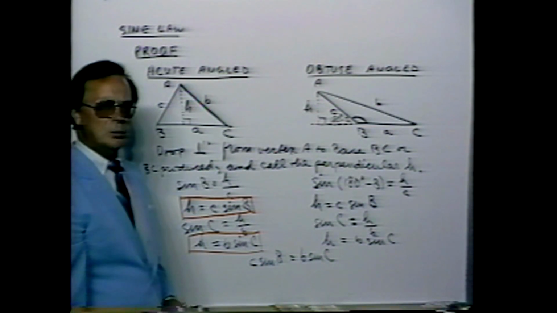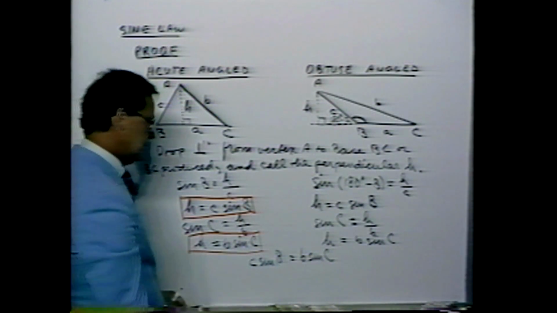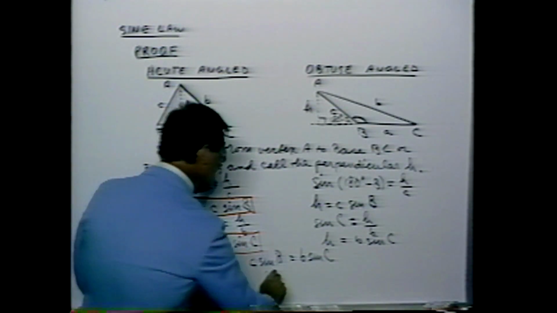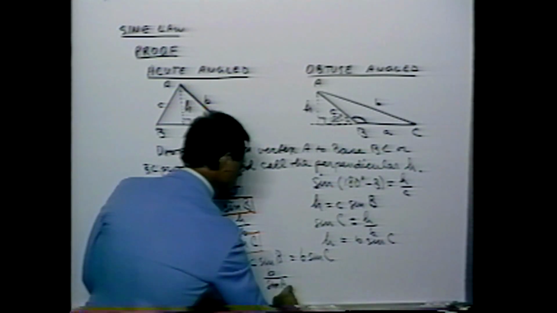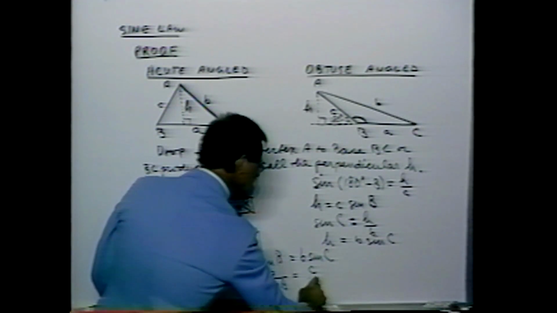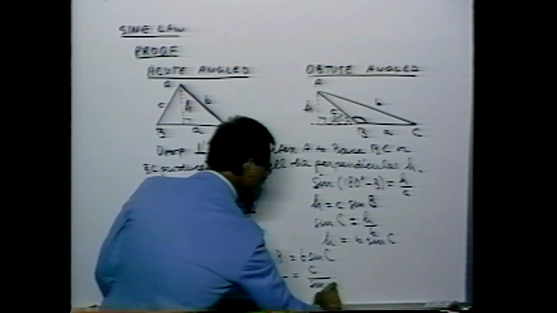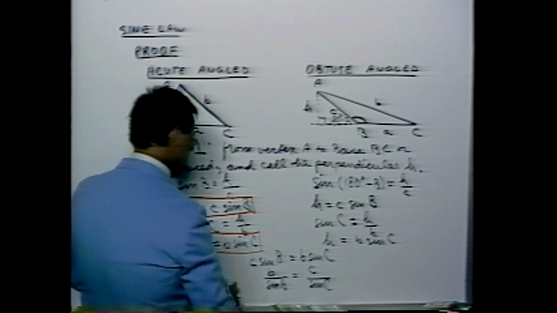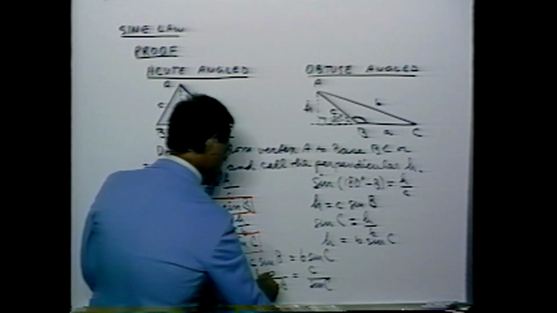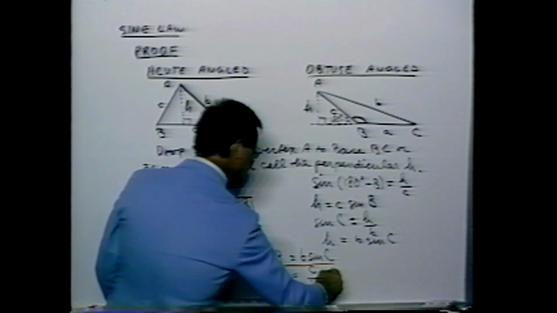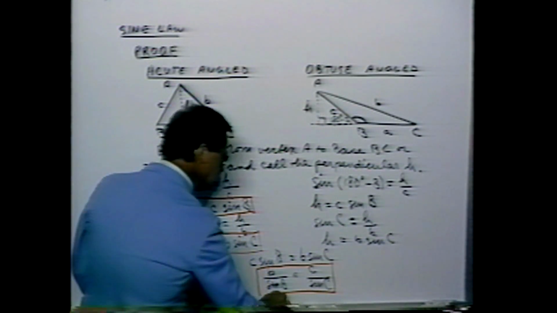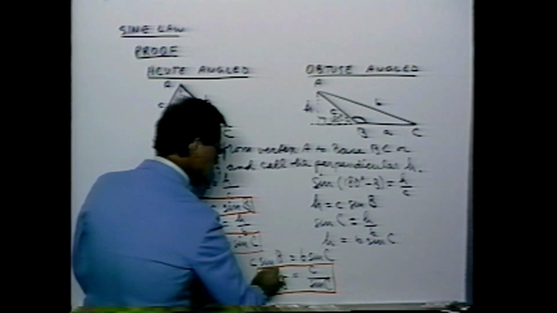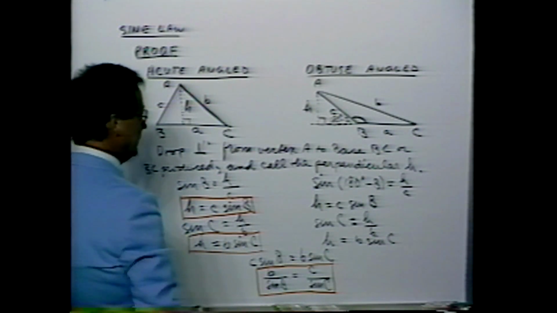Writing this equation as a proportion, it is B over sine B equals C over the sine of C. This is one of the proportions out of three that I gave you earlier.